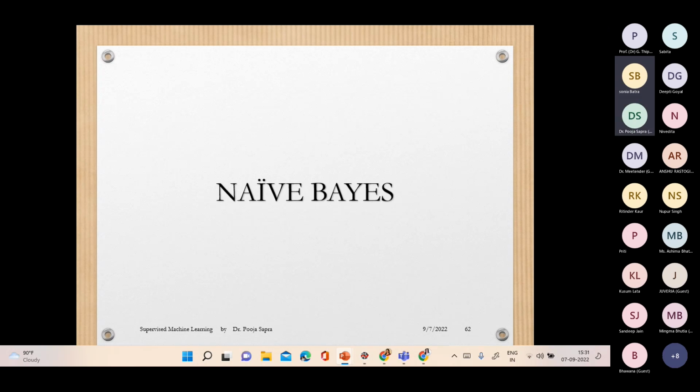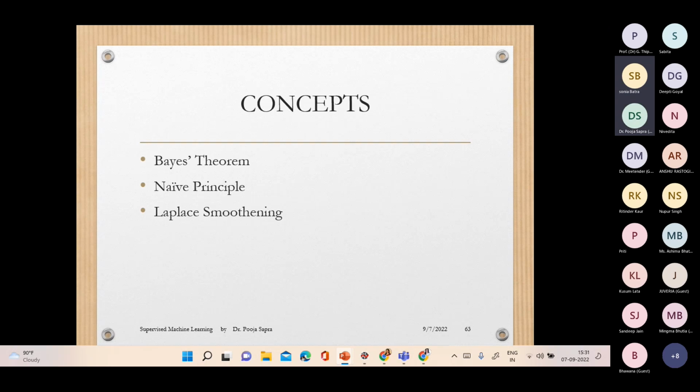So, naive Bayes algorithm is the last one for today. It's not the end of machine learning or supervised machine learning. It is actually based on three things. One is Bayes theorem, second is naive principle, and third is Laplace theorem. Why do we require it? We require it whenever we are dealing with natural language processing.